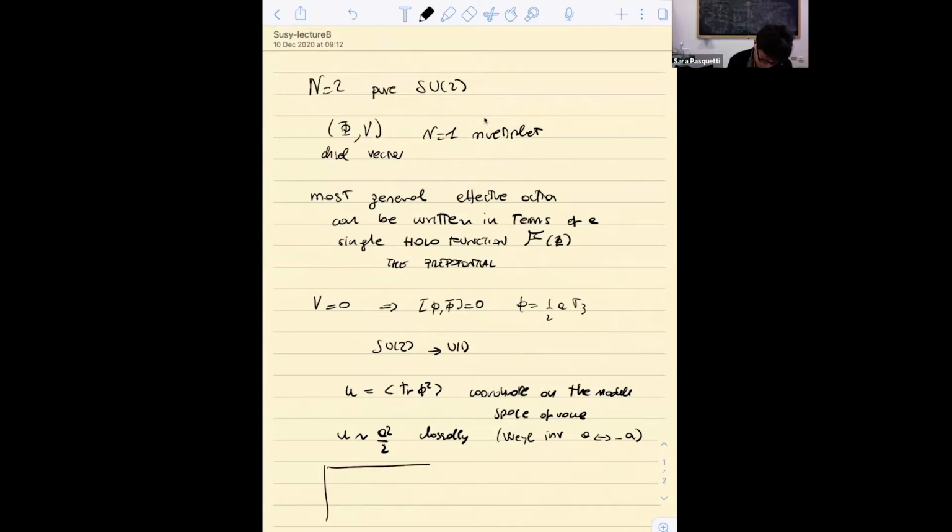So we want to study basically the u plane, which is this moduli space of vacua. At generic points where u is different from 0, we expect to find an abelian N=2 effective action. And classically, we expect maybe something is going on when u is equal to 0.